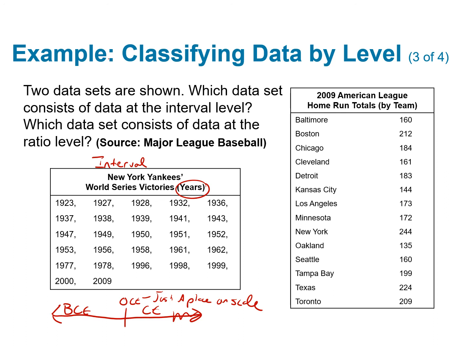Well, aside from meaning they're a horrible baseball team, it means they did not hit any home runs, right? They hit no home runs. So here, 0 means none, right? So that means that the home run totals are at the ratio level of measurement.